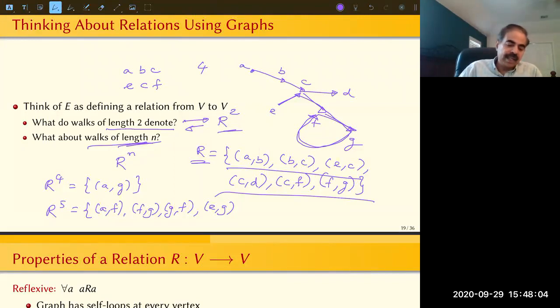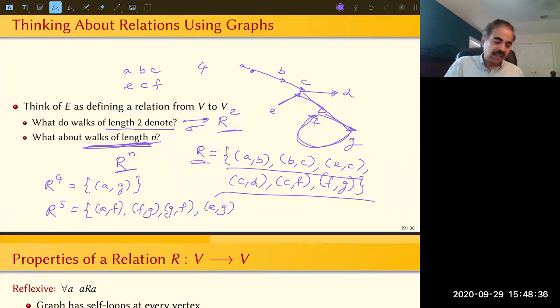So again, the walks of length n correspond exactly to R to the power n. And what this means is that when we ask you a question about composing R or finding R to the power k, the easiest way to do that is to first draw R as a graph. Graphs are very intuitive, and it's quite easy for us to quickly answer these questions when we look at the graphs.